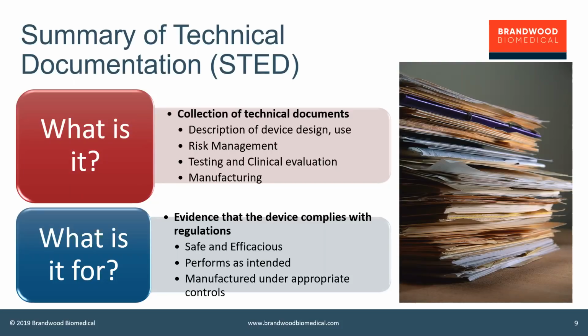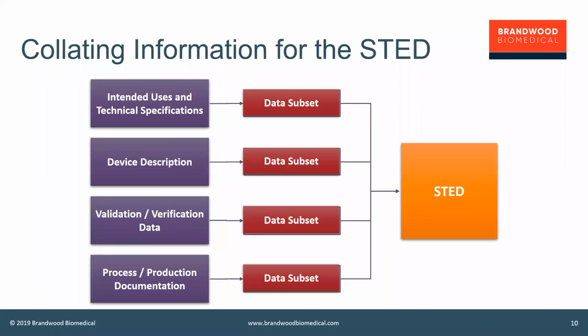As we talk about creating that STED, like I suggested before, it's not full documentation. It's really these summaries and data subsets of 4 key attributes that go into the STED. And those attributes are the intended uses and technical specs. So really, what is the driver of this device, and from the specification side, how do you show that this device is what it is?